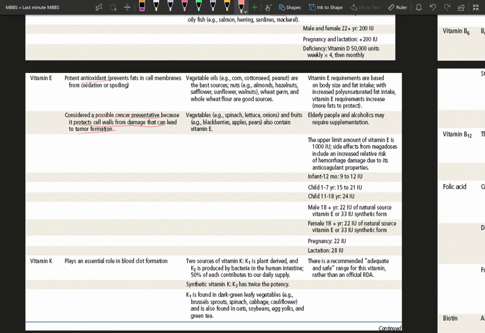The sources of vitamin E are nuts, whole wheat and wheat germ. Also, green leafy vegetables like spinach and lettuce have a lot of vitamin E in them.